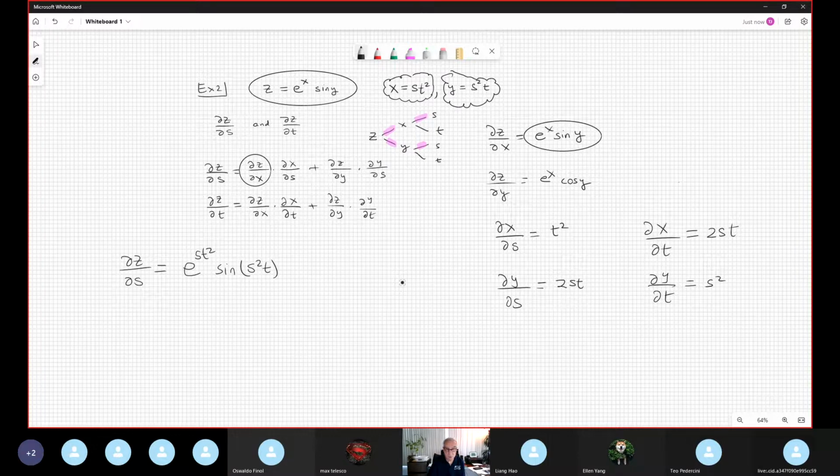the partial derivative of x with respect to s, which is t squared. Wow, it's t squared. So I put t squared here.